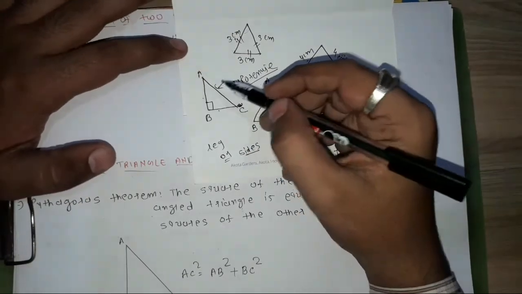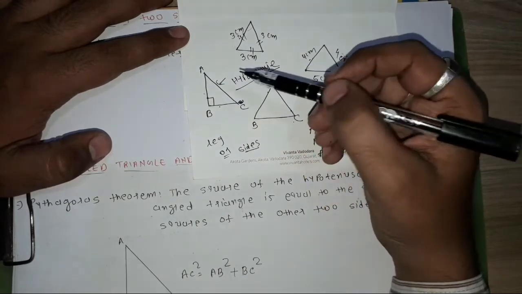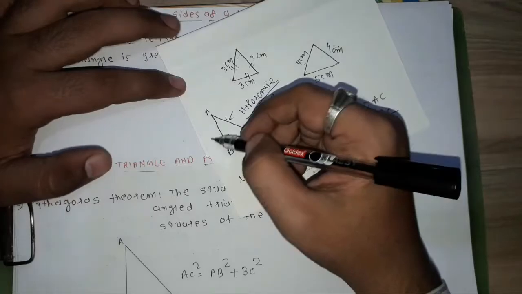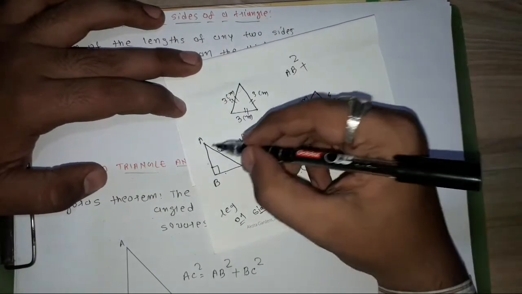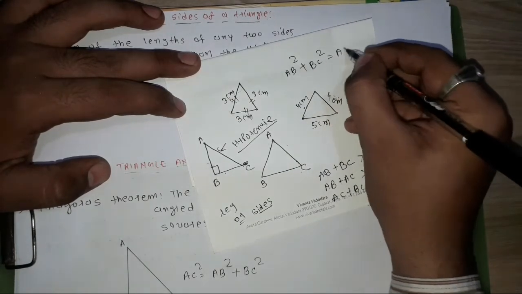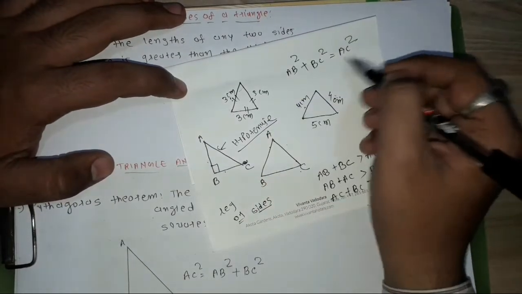So the Pythagoras theorem says that AB square plus BC square will be equal to AC square.